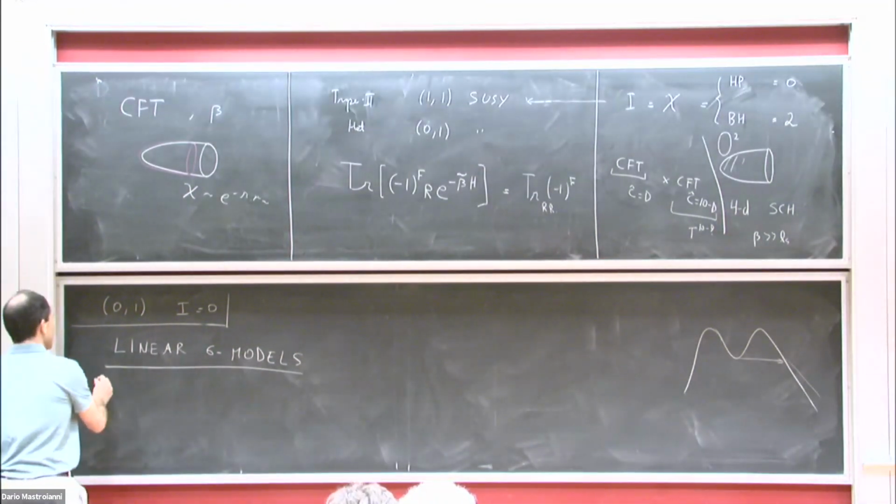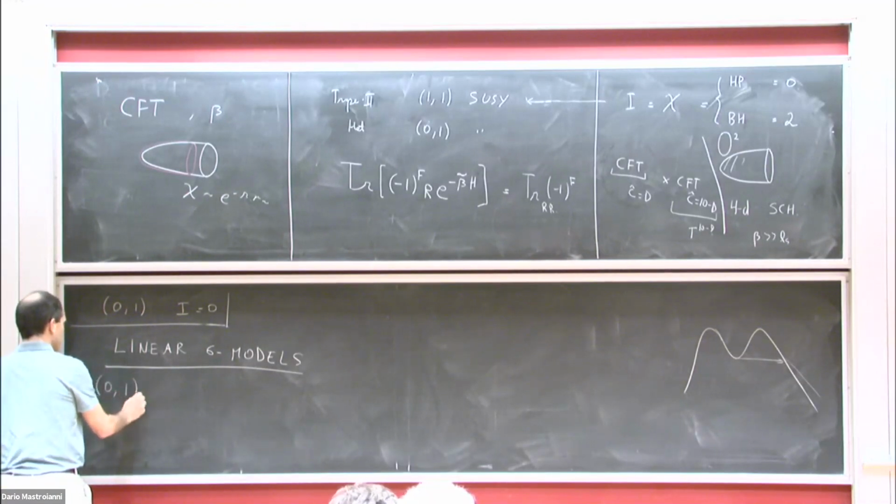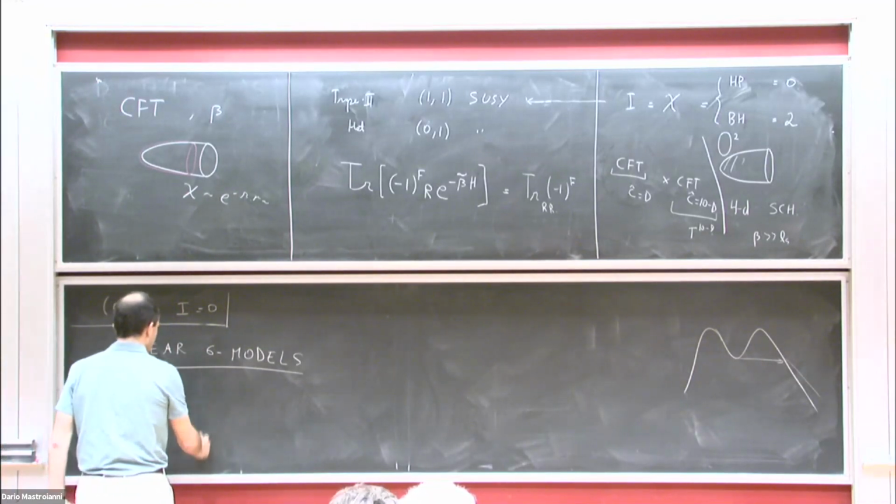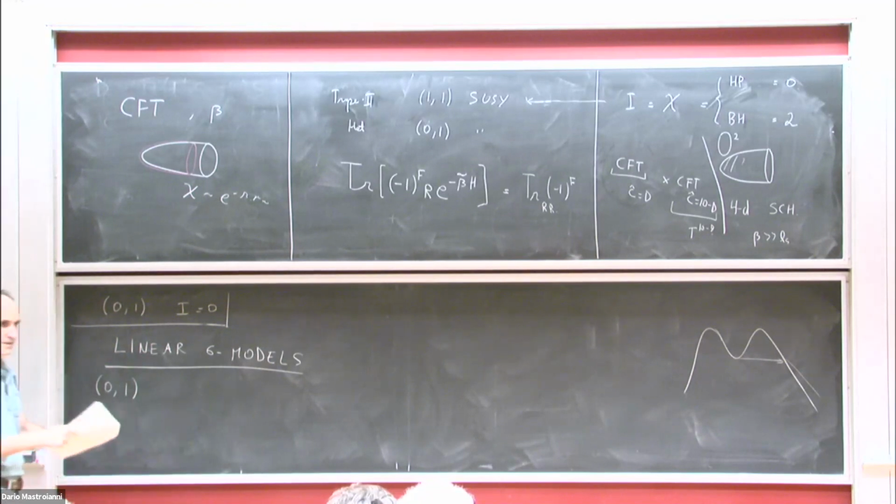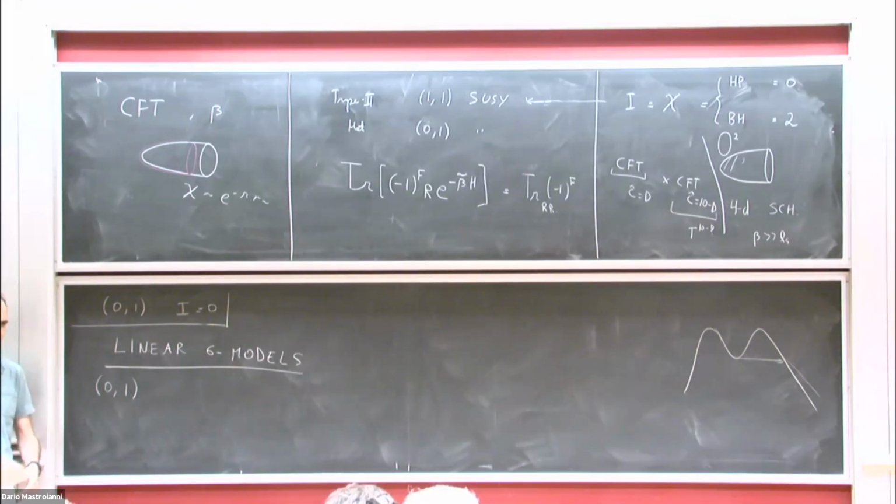In this (0,1) situation, the idea is to start from a free theory, so a theory that has some simple behavior, and then you add some potential, and you have a non-conformal theory that in the infrared flows to the CFT that you're interested in.